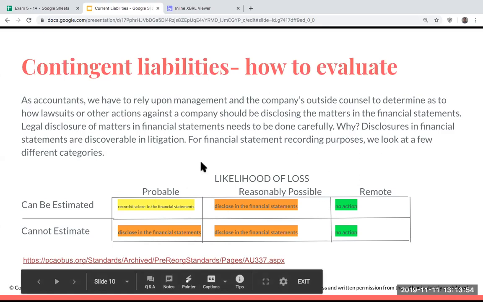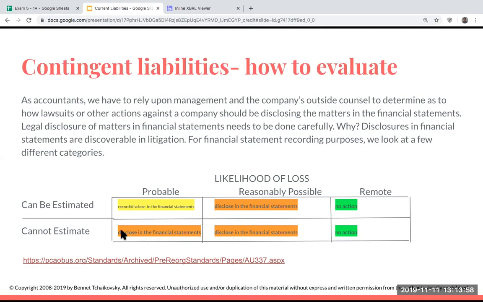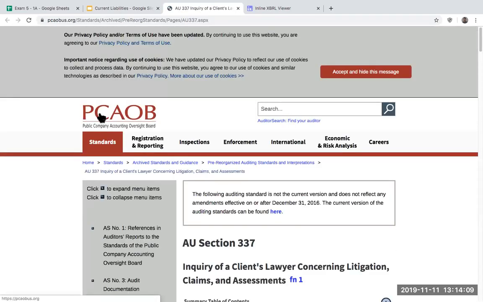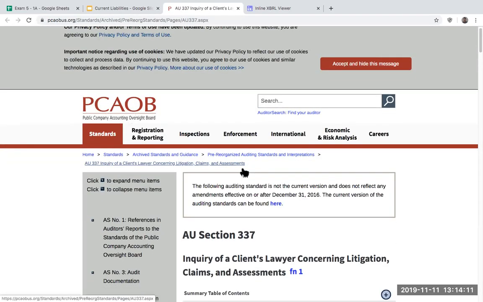Remember, all this here is coming from the attorney, it's not going to come from us. The attorney needs to communicate to the auditors. And one of the things that I put on a link right over here is from the PCAOB, the Public Company Accounting Oversight Board.